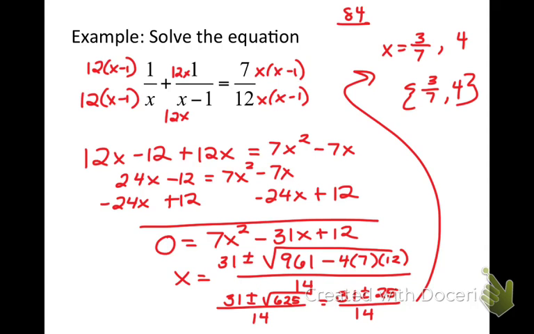Nope, I don't even know what it would be. Is it 3? Yep, 3 and 28. 3 and 28, put it over 7. So yeah, there it gets our 3/7 and 4. So then it'd be 7x. Oh, they should both be negatives, huh? Minus 3, x minus 4, which gets us our 4 and our 3/7.